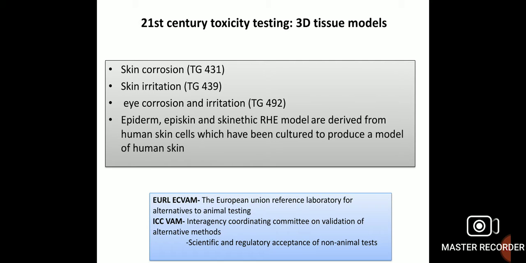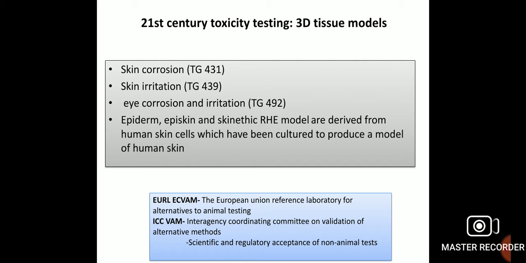EpiDerm, EpiSkin and SkinEthic reconstituted human epidermal epithelia models are derived from human skin cells which have been cultured to produce a model of human skin. So they are derived from human skin.